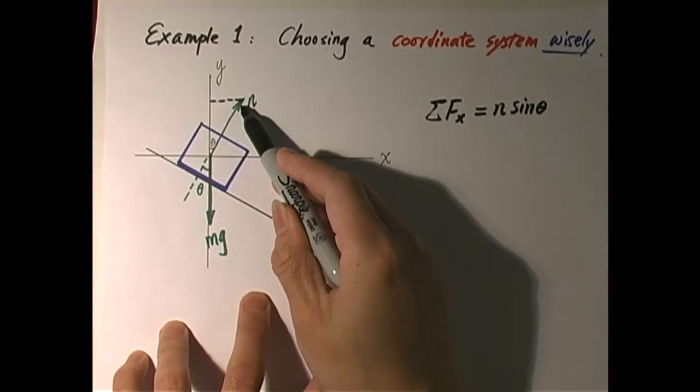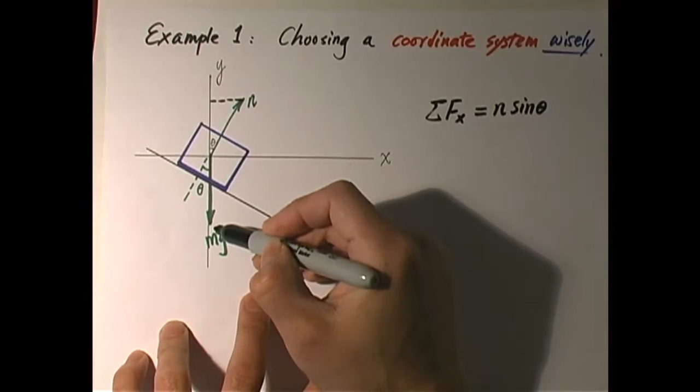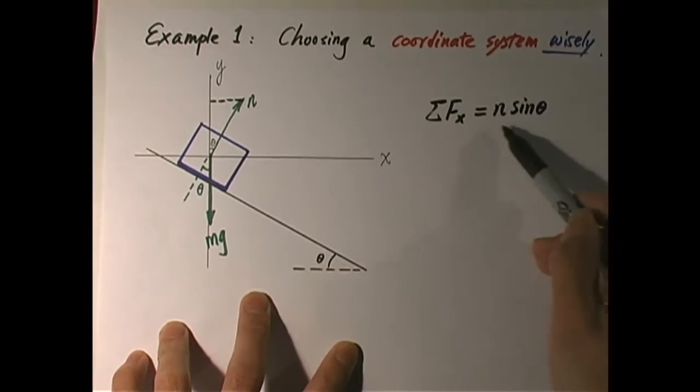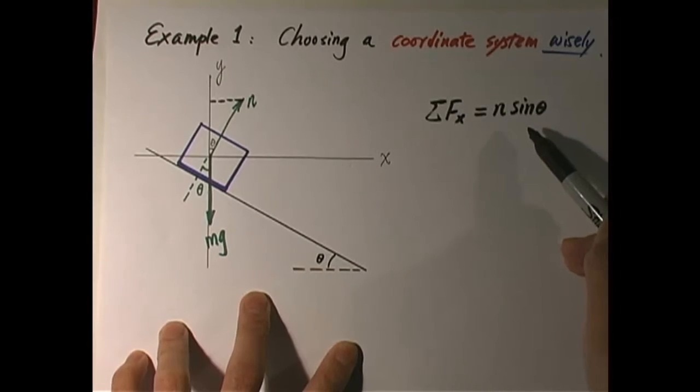That is the horizontal component of N. And what about mg? Well, that's a vertical force. It's got no component in the x direction, so this is all there is as far as the horizontal component of the net force. And that should equal mass times the acceleration in the x direction. So there we go. That's our first equation, Newton's second law applied in the x direction.